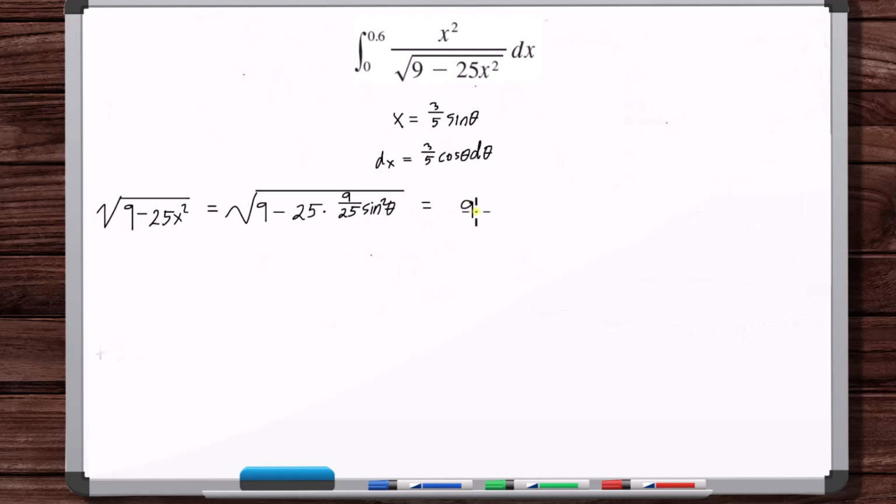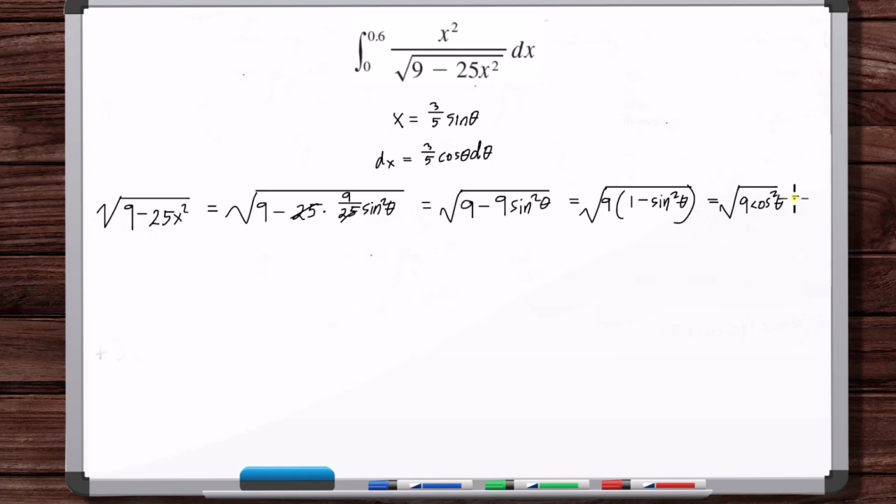So we've got 9 minus 9 sine squared theta. Okay, factoring out the 9. All right, so 1 minus sine squared theta is cosine squared theta.